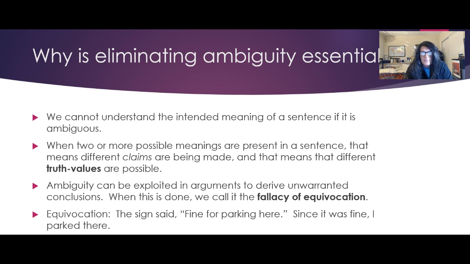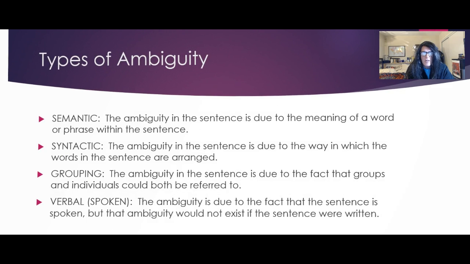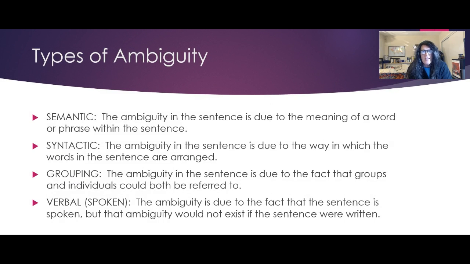By the way, we're really concerned with ambiguity in our course because we're primarily interested in argumentation. And if we are arguing, we know that all of our arguments consist of premises and conclusions, all parts of which are claims. Claims are either true or false.